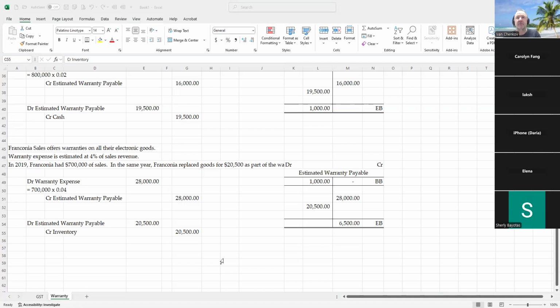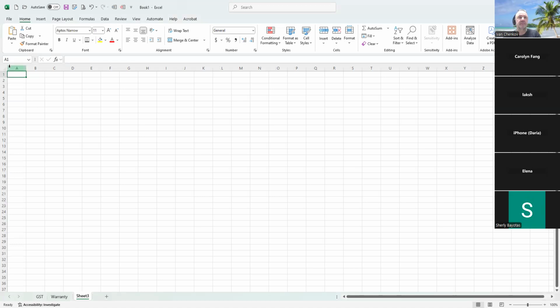Maybe we should go with this scenario and this scenario. Let's go with the payroll.